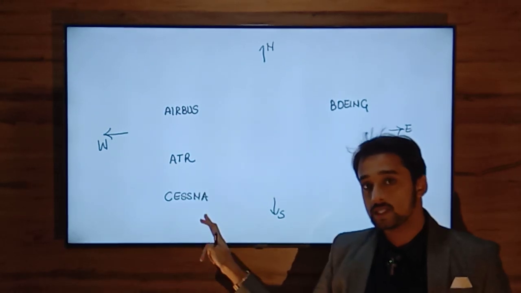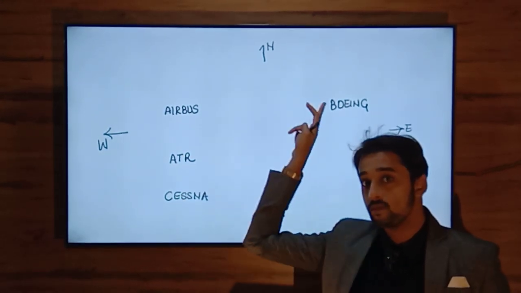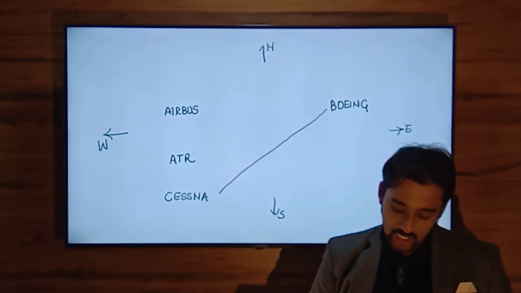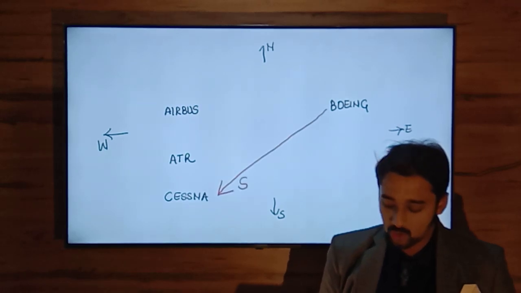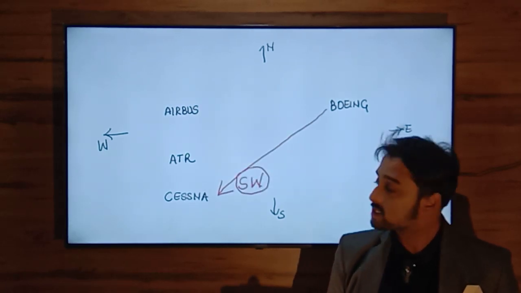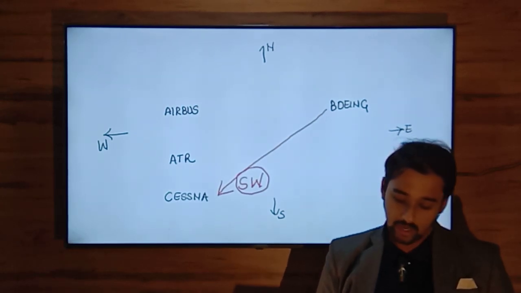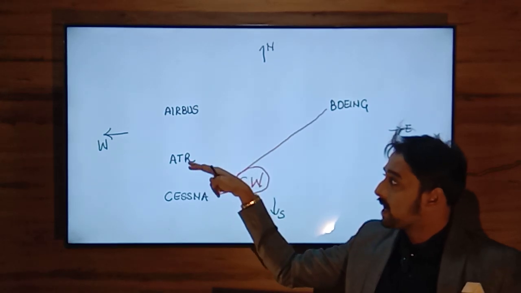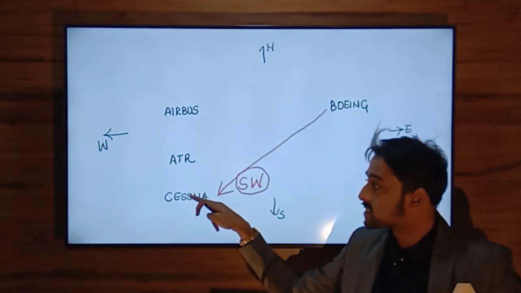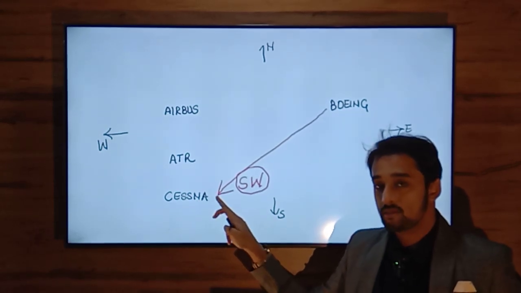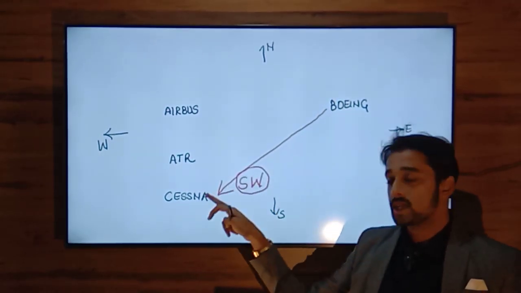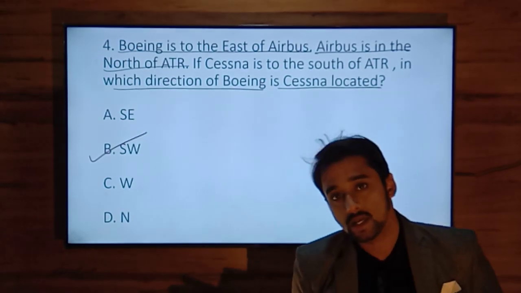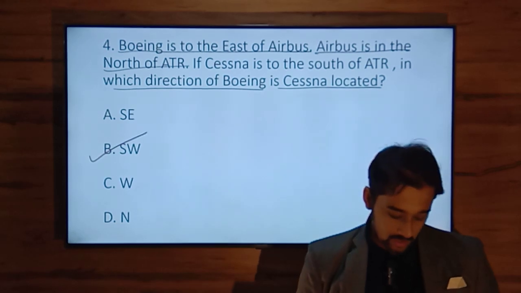So our final answer is that from Boeing, the direction of Cessna is southwest, correct? Boeing is to the east of Airbus, ATR is to the south of Airbus, Cessna is again to the south of ATR, but with respect to Boeing, Cessna is to the southwest of it. So the correct option will be southwest, option Bravo.